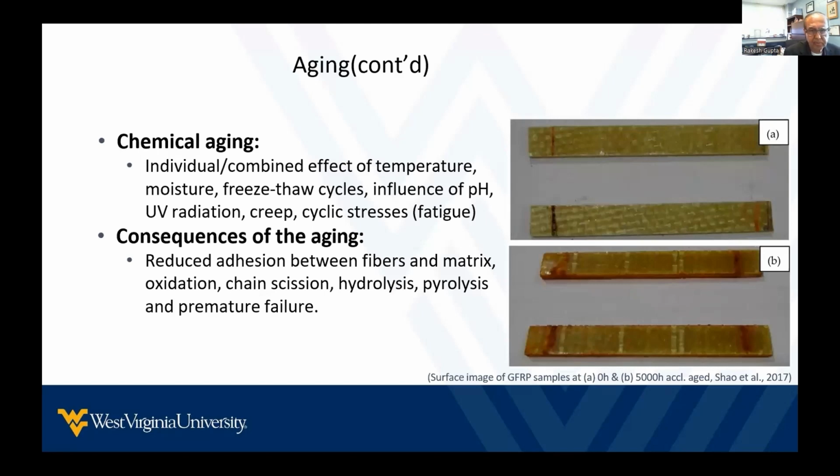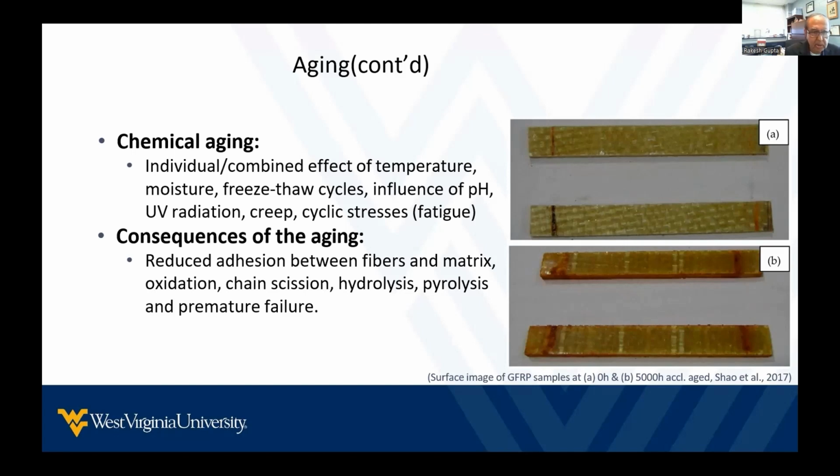What is harmful is what we call chemical aging. Here, properties change due to interaction with the environment. By environment, we mean the combined effects of temperature, moisture, presence of oxygen, freeze-thaw cycles, and so on.